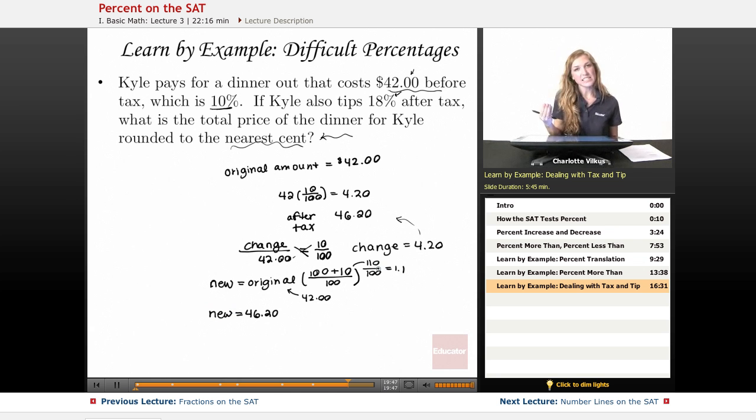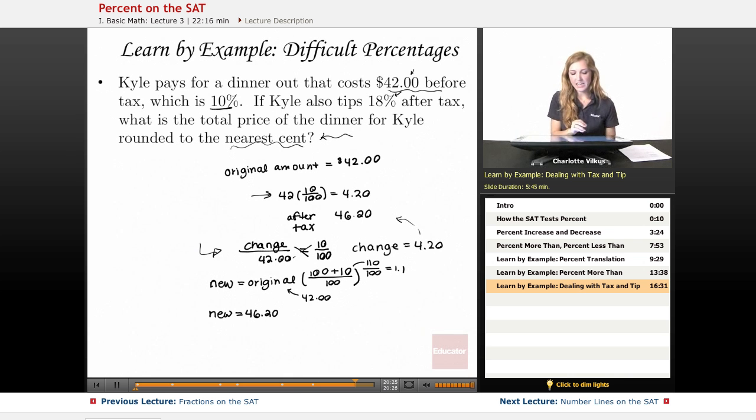But if it makes more sense to you to do it one of these two ways, so just straight up taking a percent or looking at it as a percent change, then you should go about these problems in whatever way you like more. And that's because the thing that's really important, especially in these problems with multiple percentages, so we could have a discount and then tax, or maybe an increase and then some other sort of tax or tip or anything additional, is just that we keep the numbers straight and we keep what's going on straight.